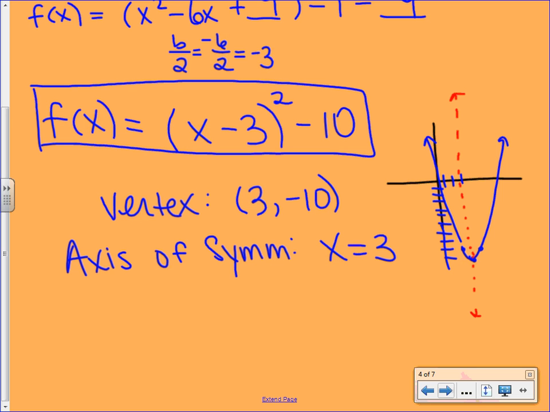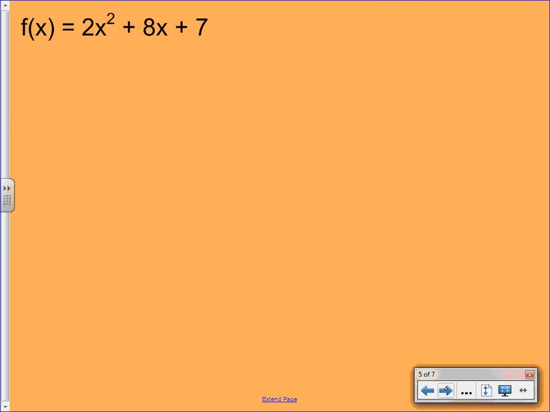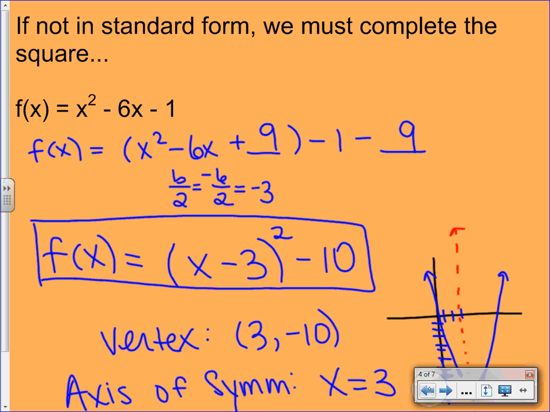All right. Now, let's talk about what happens if our leading coefficient is not 1. I just told you we can't complete the square if our leading coefficient is not 1. Okay? Now I'm going to go back to that previous slide very quickly. Notice how I grouped my x terms together in parentheses. And then I separated it out from any constants.